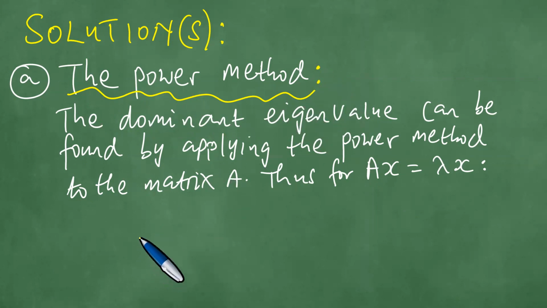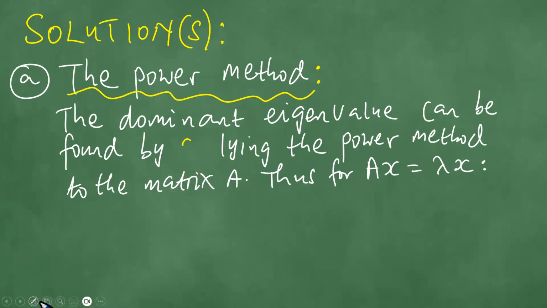The dominant eigenvalue can be found by applying the power method.